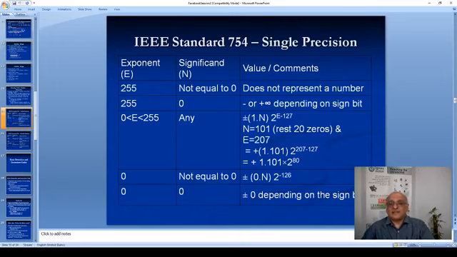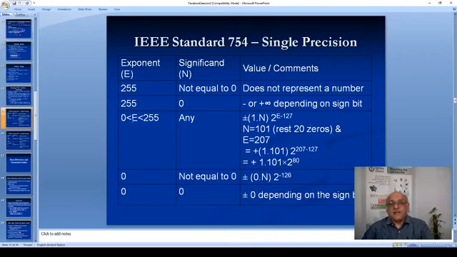Because we need some value to represent infinity, and that is represented by the highest exponent which can be represented by a machine using single precision, that is the IEEE single floating point standard. So suppose you are representing in C language, you are using float, then that is what you are going to get. If the exponent is 255 and the mantissa equals 0, then it is minus or plus infinity depending on the sign bit.